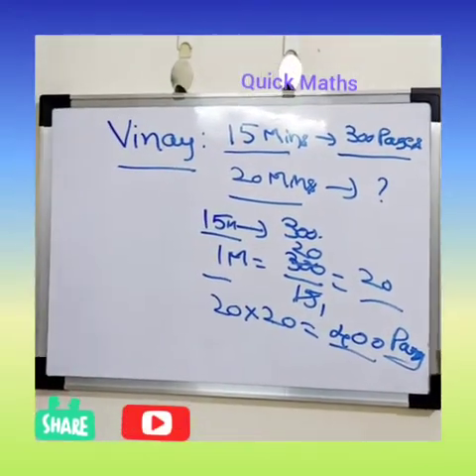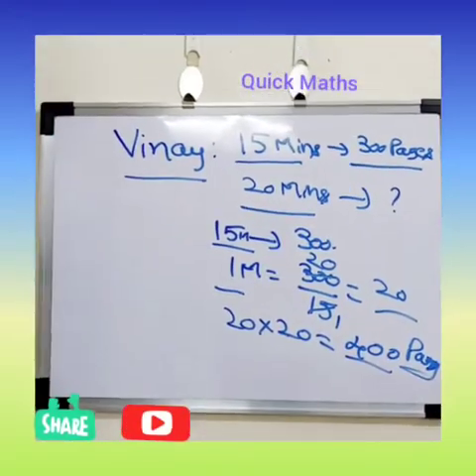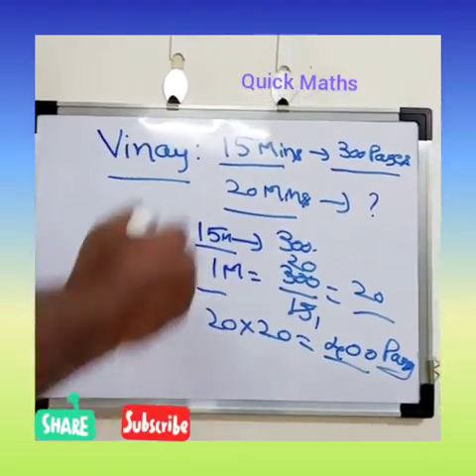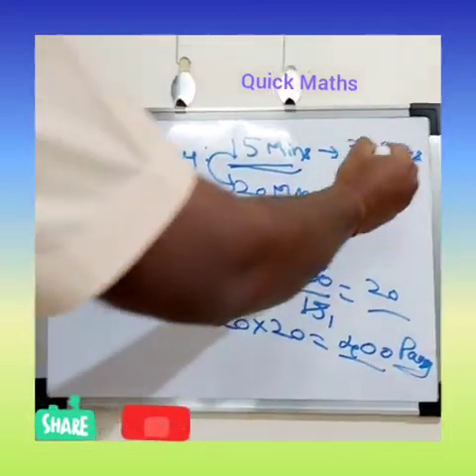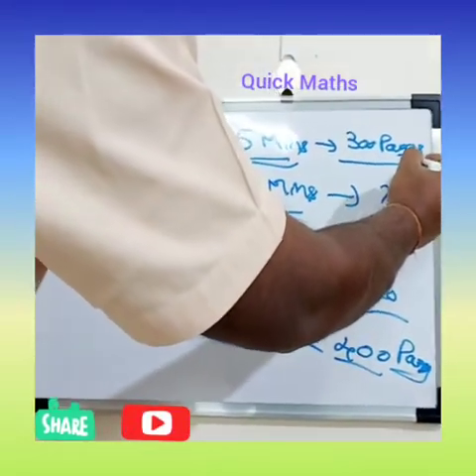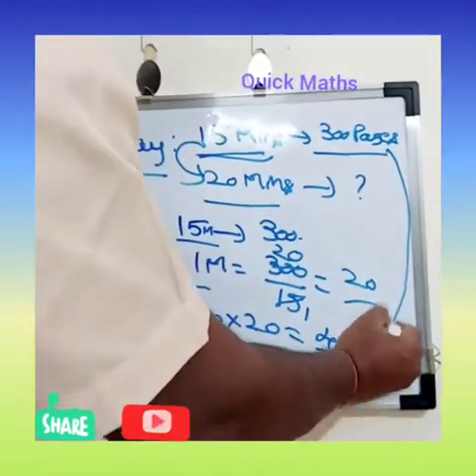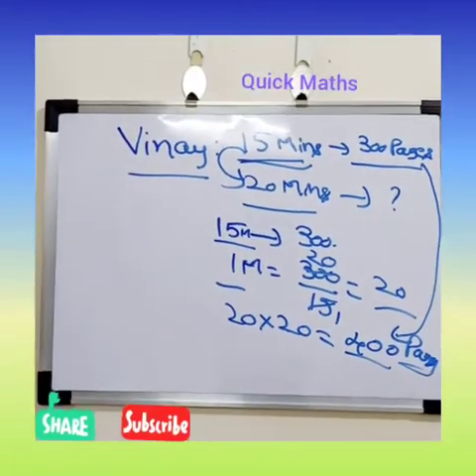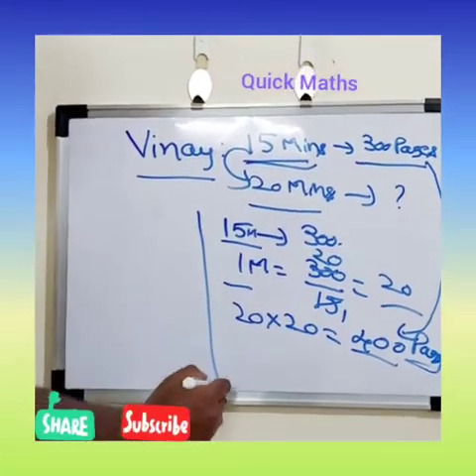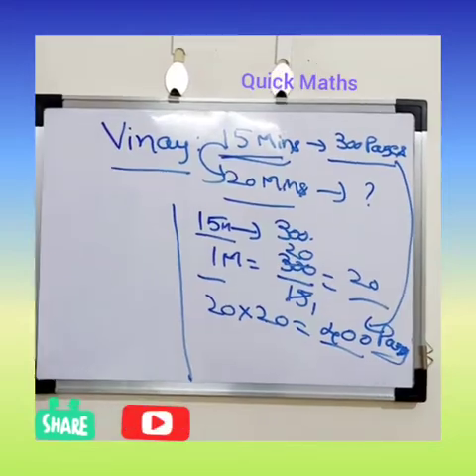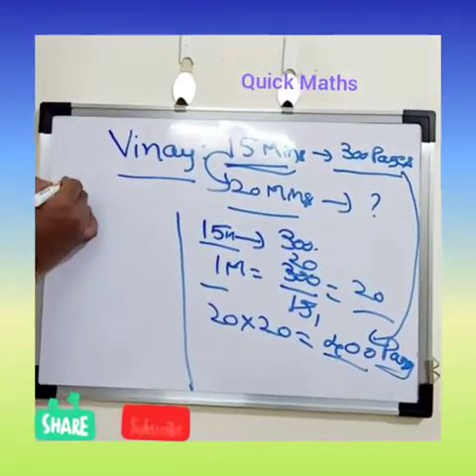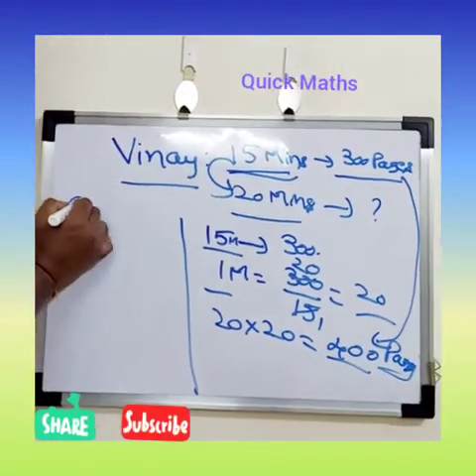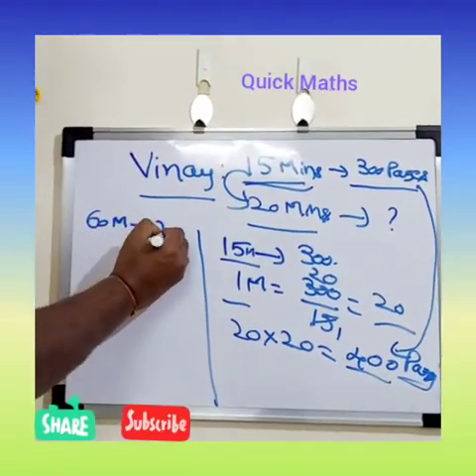If you see the logic, this is related to direct proportion. When one value increases, the corresponding number of pages he reads also increases. And if the question is the same, but asks about an hour, which is 60 minutes, how many pages does he read?